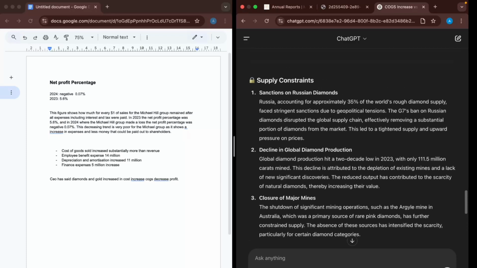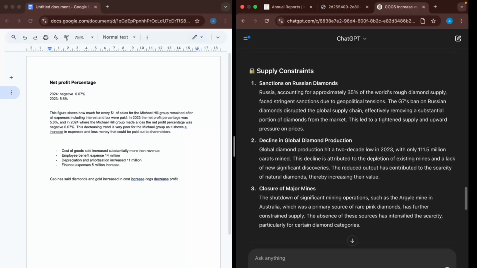Okay, guys, so it's saying here the reasoning behind it is because of some shutdown of some mines, some sanctions on Russia, which I think is going to be the main thing, because that decline in global diamond production will probably be because of the sanctions on Russia. And we can go through and check that, guys, but we're probably already going to know that the sanctions on Russia are real because of that war in Ukraine, so we probably don't need to verify that.